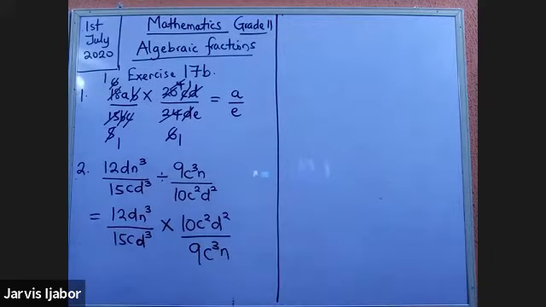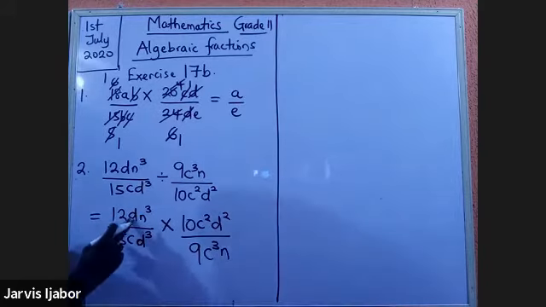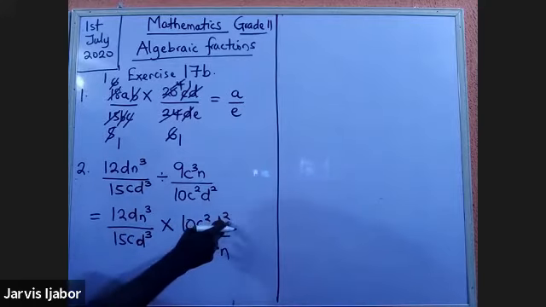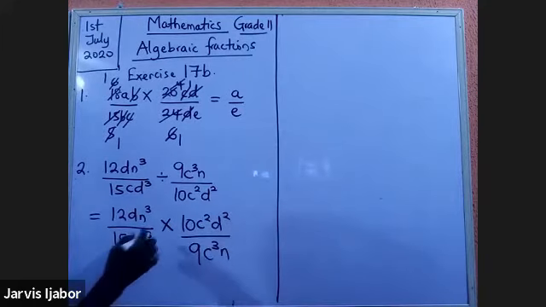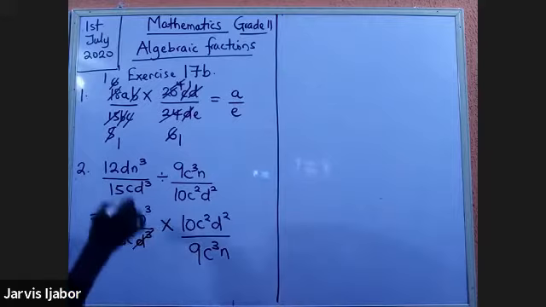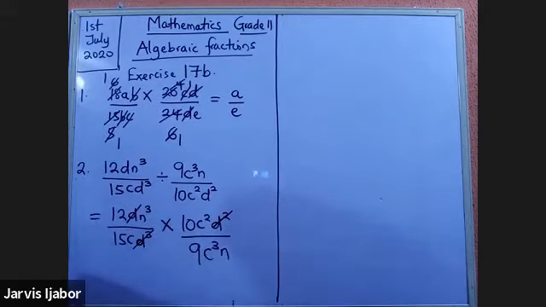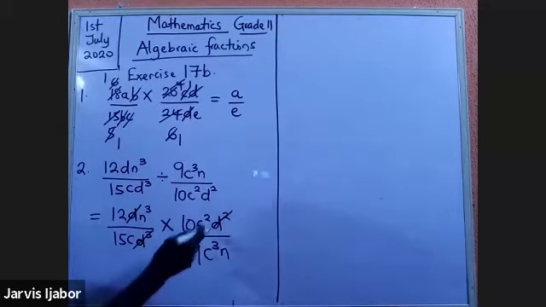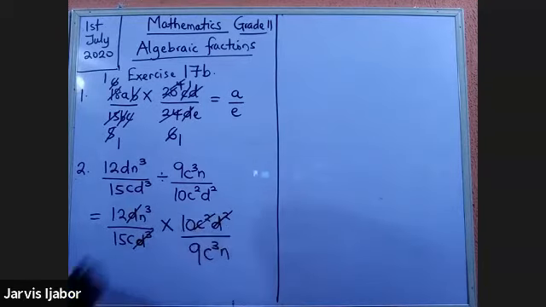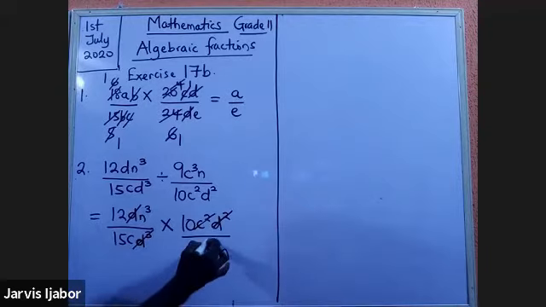At this point, you can now do your cancellations. Like I said, I prefer to cancel letters first. To look at this, d and d squared will cancel out d cubed. So when I cancel this out, it means I'll cancel this and cancel this. The next thing I look at is c. This is c squared. We cancel out. I have c cubed there, so this will cancel and I'll be left with 1.